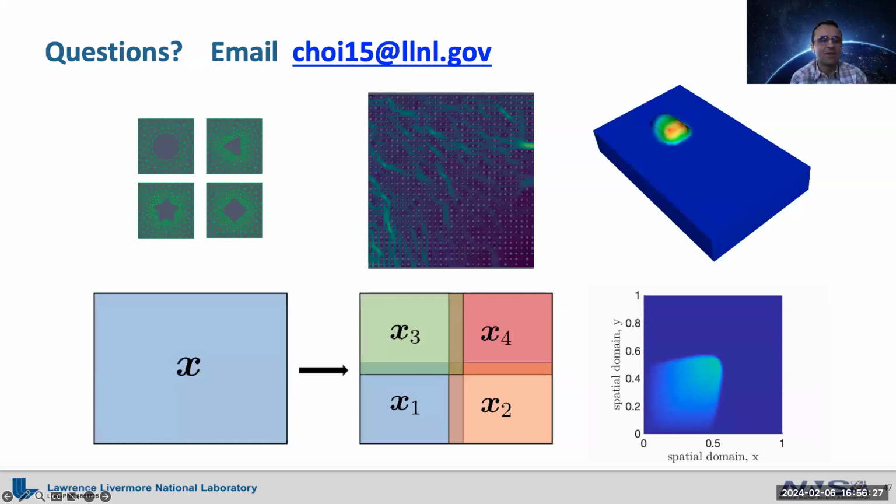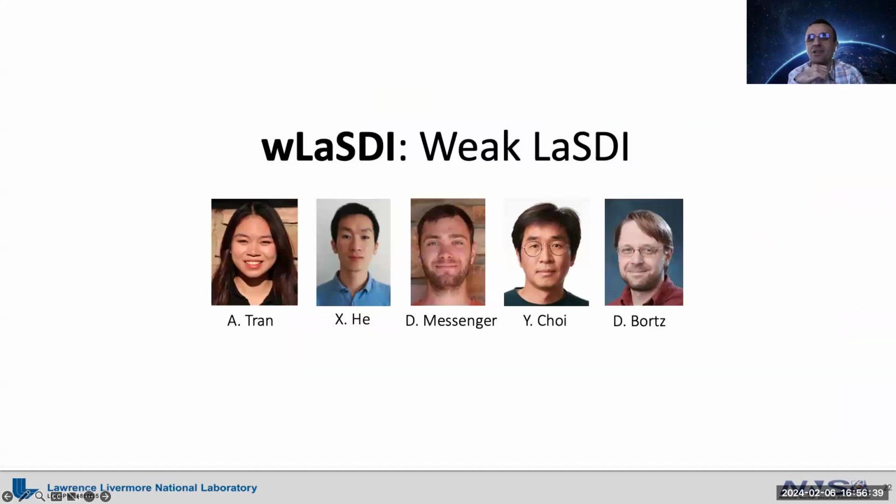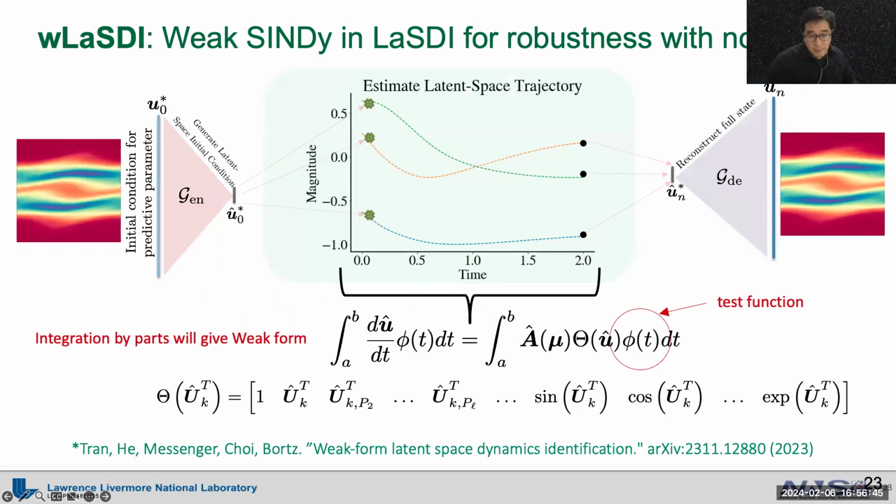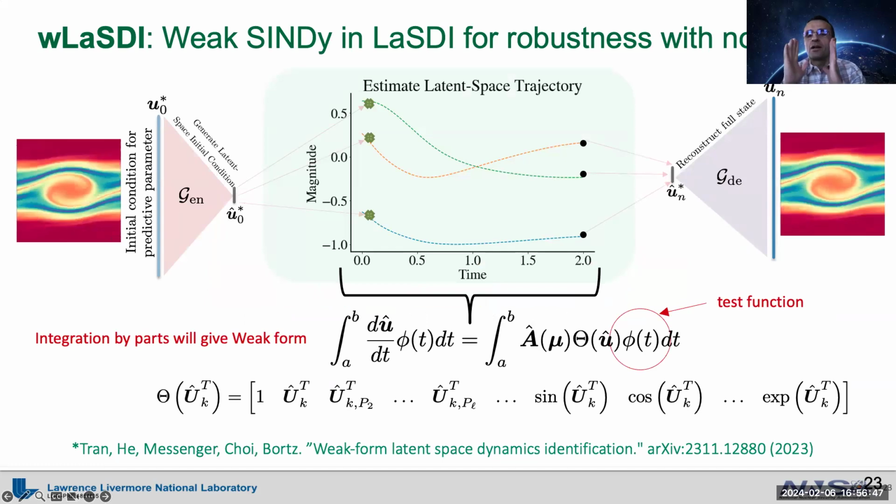So I'm going to start. What I really like, on slide 22, the second to last slide, you talked about the weak latent space dynamics identification, which I think is a very nice idea. This is your work with David Bortz. So basically you're showing that if you use SINDy, for example, with 10% noise in the input data, you get bad results.